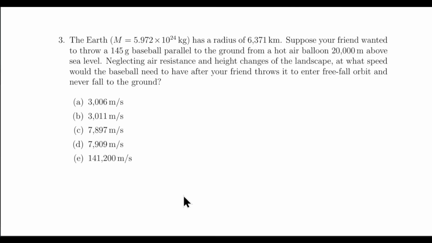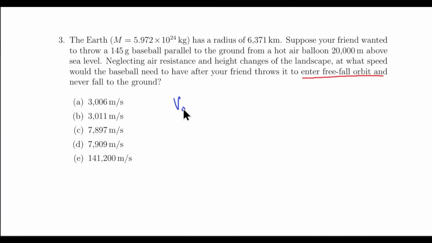This is really a fancy way of saying: what is the orbital velocity of the baseball? Don't think that this is the escape velocity. Had this been escape velocity, then entering the free fall orbit would not make sense. Entering the free fall orbit means it just keeps circling around.